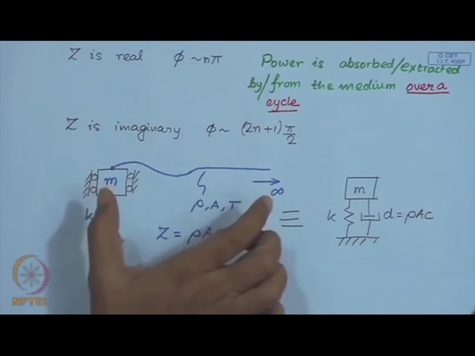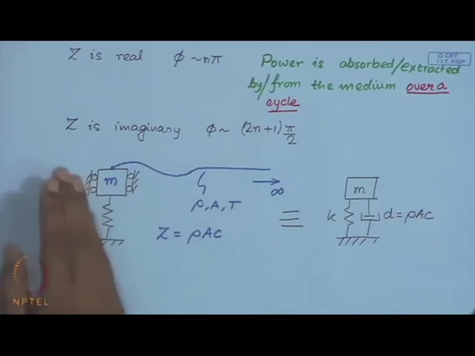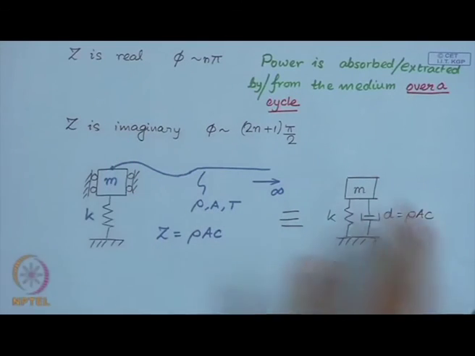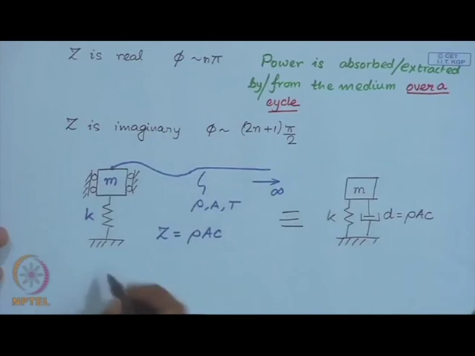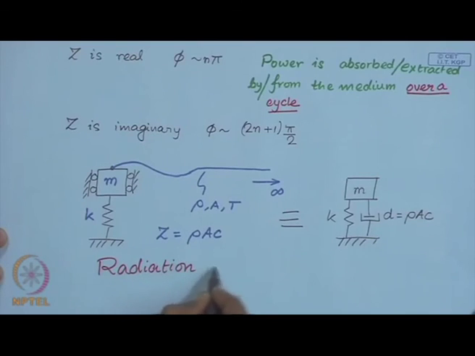So, here the medium is absorbing the energy, and this system is actually radiating out the energy into the medium, which is the string. So, this is an example of radiation damping. This example illustrates what radiation damping is, and we will discuss this phenomenon later on as well.